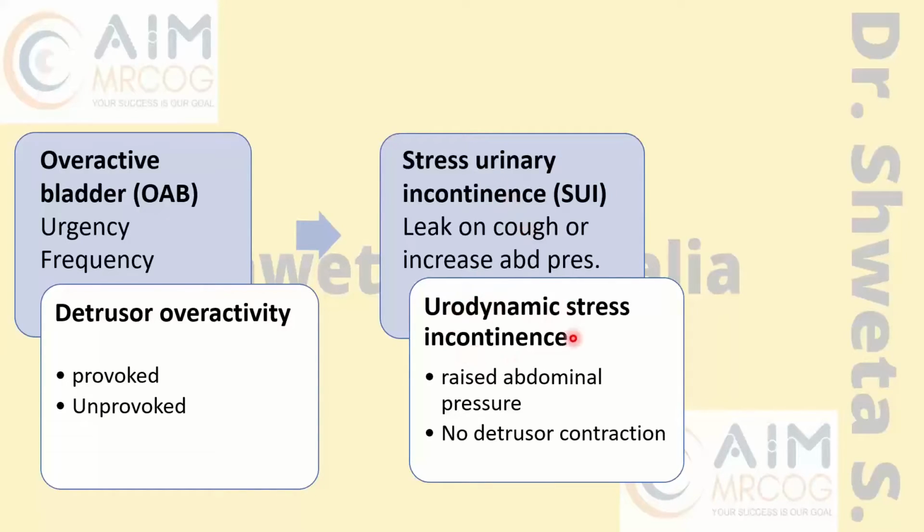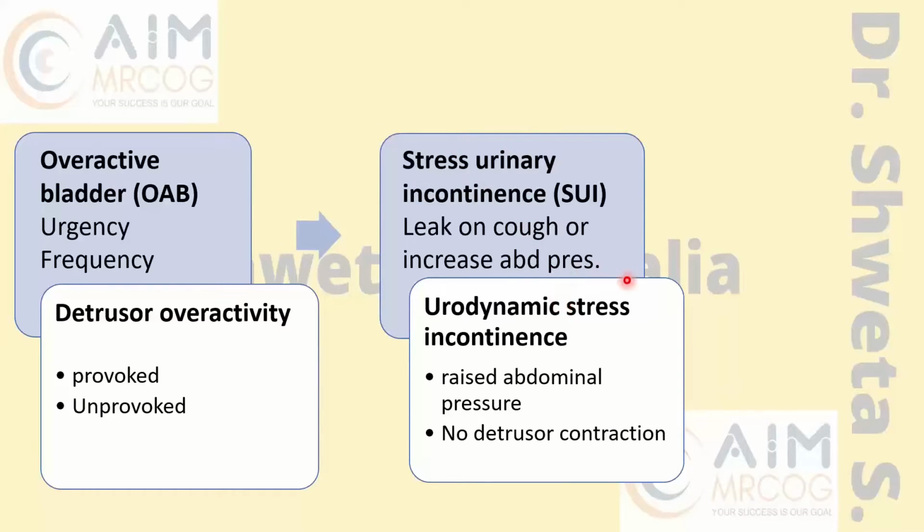Then you did urodynamics, and you didn't find any leak on cough. What will be your diagnosis? Stress urinary incontinence. But urodynamics is not supporting, so you will not label it urodynamic stress incontinence. You will label it stress urinary incontinence.